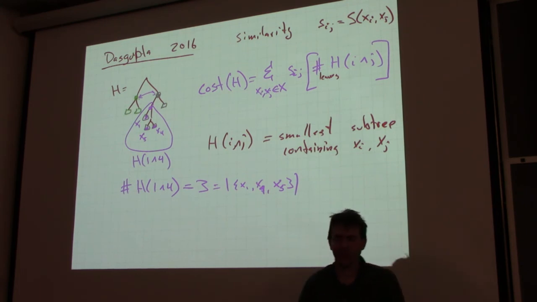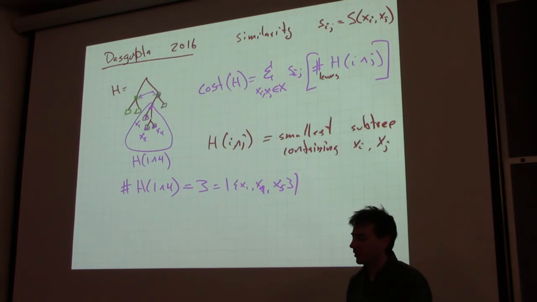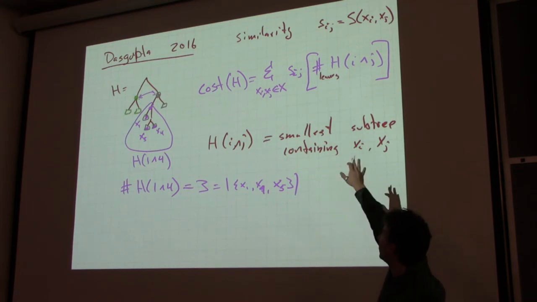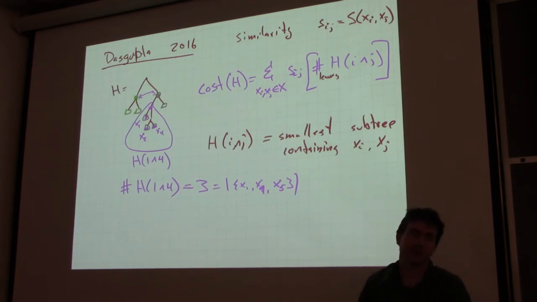There's lots of things you can say about it, and in particular for the single link algorithm or the furthest link algorithm, if I run that with this hierarchical agglomerative process, it tends to work pretty well. And in some cases, you can say it does pretty well at minimizing the cost. So the lesser the cost is, the better the hierarchy is.